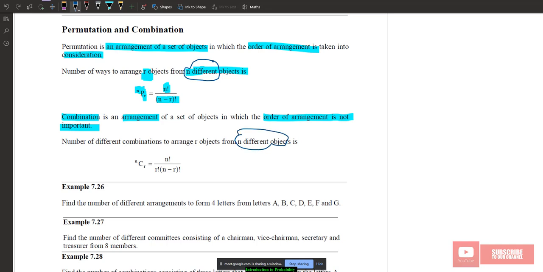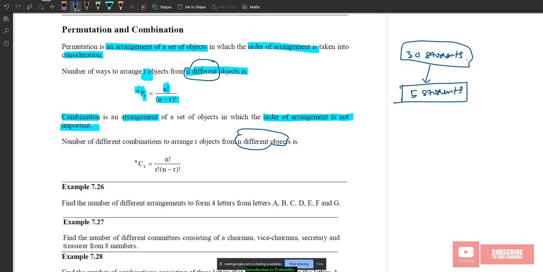So basically, let's say for example I have 30 students, right? From the 30 students, I want to choose 5 students, right? If I just want to randomly choose 5 students out of 30 students, the order of choosing or arrangement is not important.